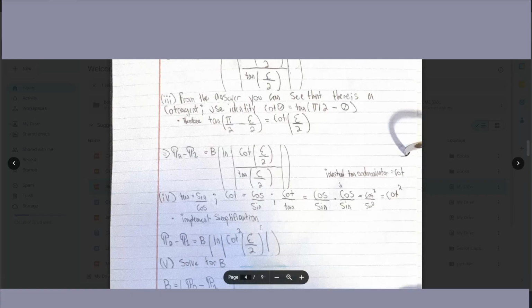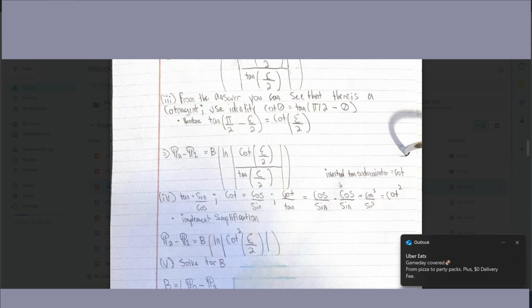sine, cosine, cotangent identity, which is just terrible. So yeah, tan of pi minus epsilon over 2 equals cotan of epsilon over 2, and then this is tan epsilon over 2. And then we have another sine cosine simplification. This one's kind of easier though, because tangent equals sine over cosine, cotangent equals cosine over sine, and then you're just multiplying them.